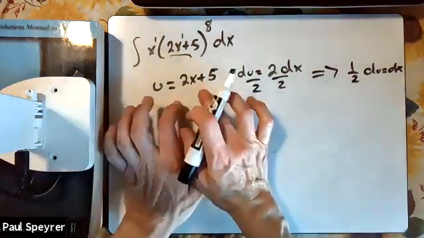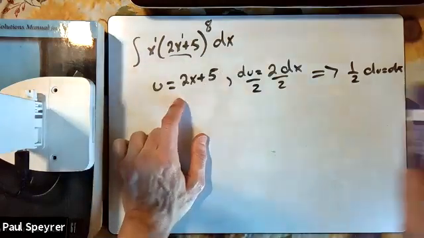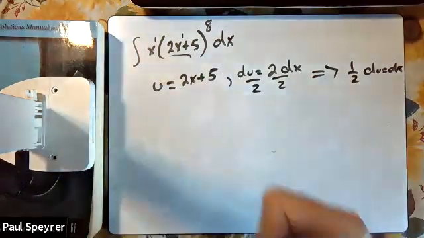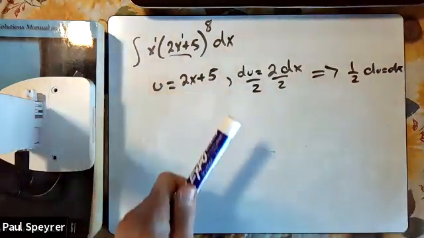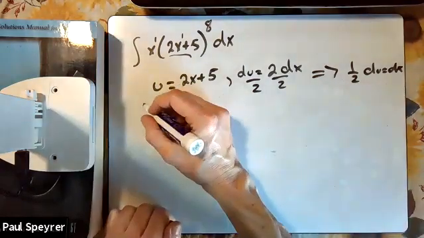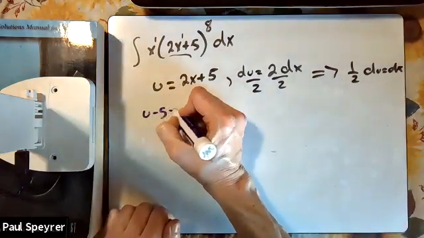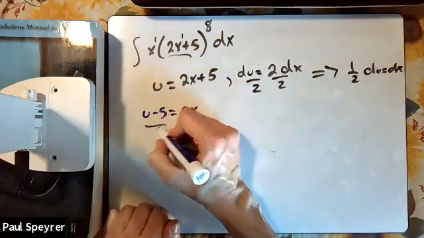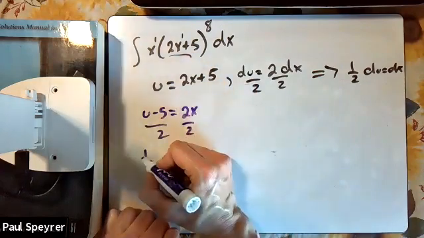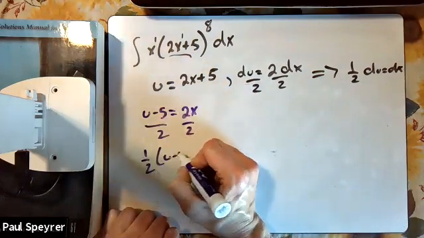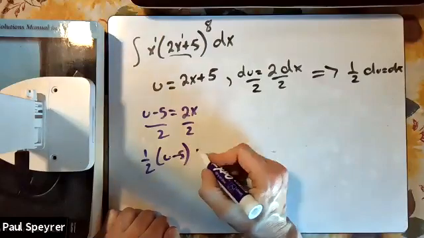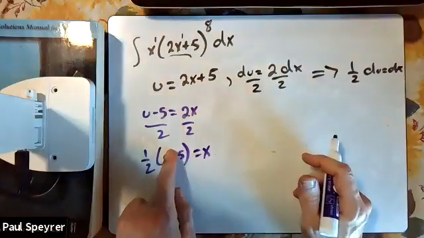Take this equation and manipulate it for just x. How would we solve for x? Well, u minus 5 equals 2x. Divide by 2, and then you get 1/2 times u minus 5 equals x.